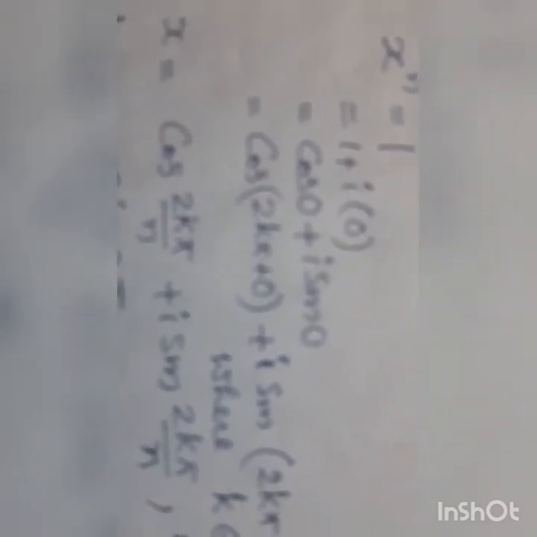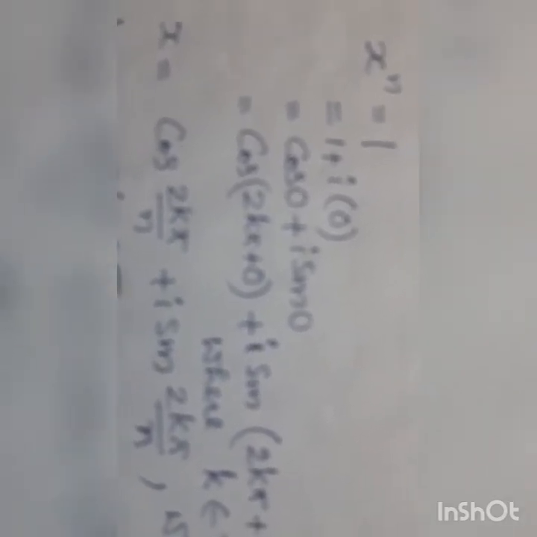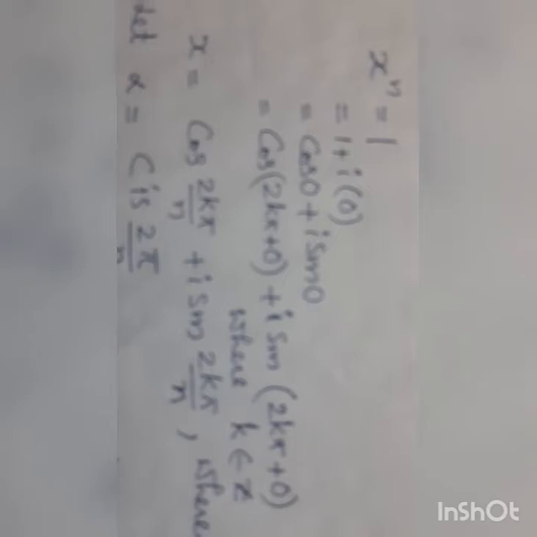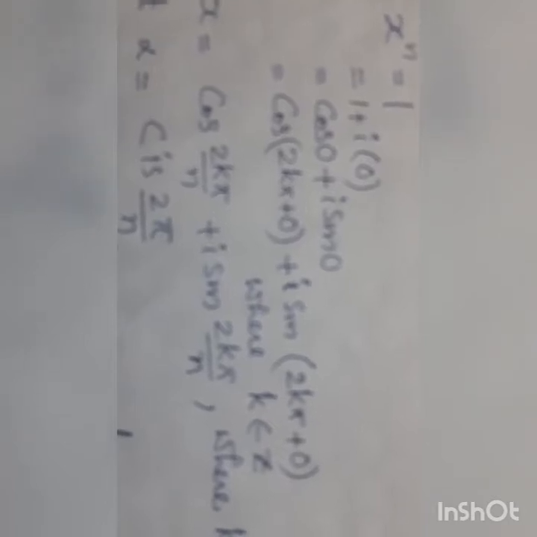What is x? You have to use 1/n. By raising to the power 1/n, x to the power n will be x. If you raise the right side also to the power 1/n, then according to De Moivre, it is cos 2kπ/n plus i sin 2kπ/n.